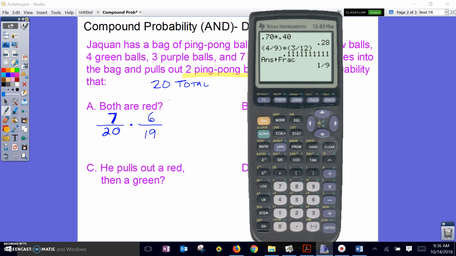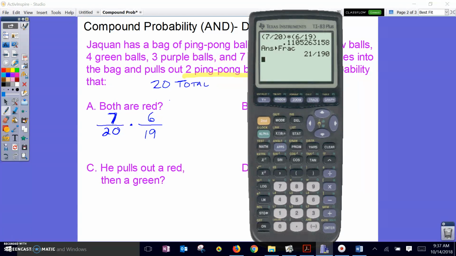And so we'll go ahead and do that. 7 over 20 times 6 over 19. I'm going to go ahead and convert that over to a fraction.